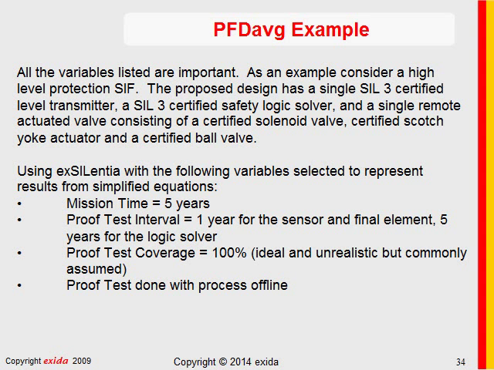If the process is not online, there can't be a PFD because there can't be a demand. So that eliminates the whole worrying about bypassing, which is exactly what you do when you use a simplified equation, even the 61508 equations.